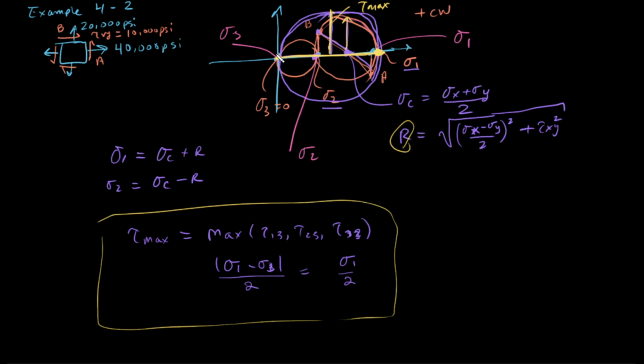And in that case, our tau max is going to be the max of these, and we have to take the max value all the way to sigma 1 over 2 to get this radius here for the max shear that the element will experience. And that's what you have to use for your principal shear for your failure criteria.